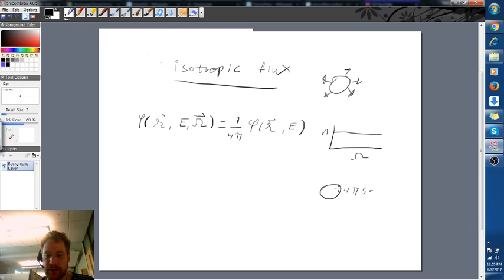So given an infinitesimal area of this sphere, the probability of finding a neutron going in that direction is just 1 divided by 4 pi, or 1 over the total area. So that's the isotropic neutron flux, where we relate the angular flux to the neutron flux by the factor of 1 over 4 pi.